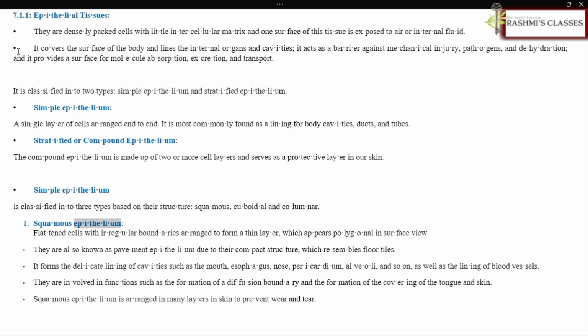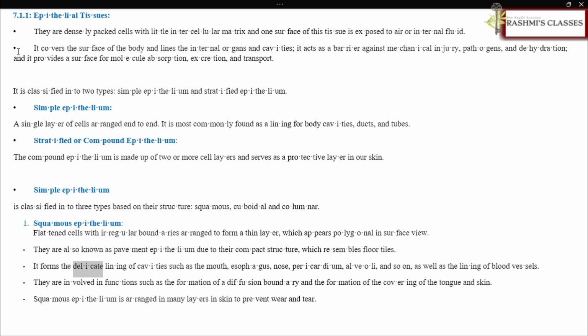Squamous epithelium: flattened cells with irregular boundaries arranged to form a thin layer, which appears polygonal in surface view. They are also known as pavement epithelium due to their compact structure, which resembles floor tiles.